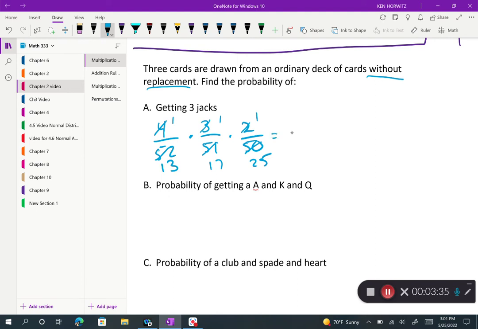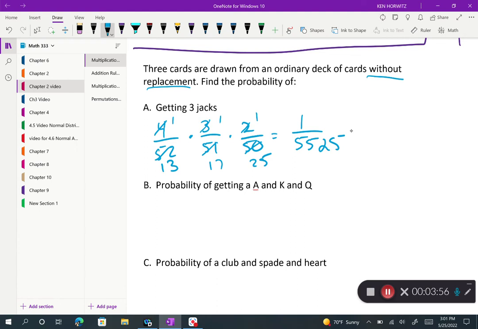So that would equal, right, 13 times 17 times 25, 1 times 1 times 1. I got 1 over 5525. And that's the probability of drawing 3 straight jacks out of a deck of cards.